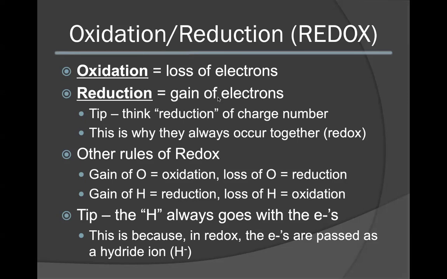Remember that hydrogen only has one electron in its valence orbital. So it can give it up and become a proton, or it can take an electron in and become stable, because it can only hold 2 electrons in that first shell.